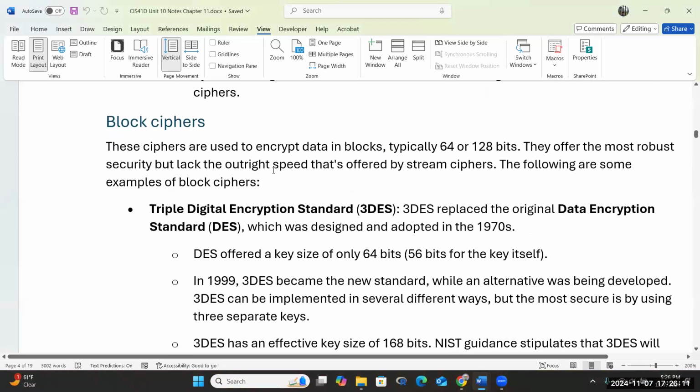So for block cipher, the categories are triple DES. If you study for Security Plus, you probably have to touch on this as well. And DES. DES is the beginning, in the 70s. That's when they built it. And then triple DES is the replacement of that.